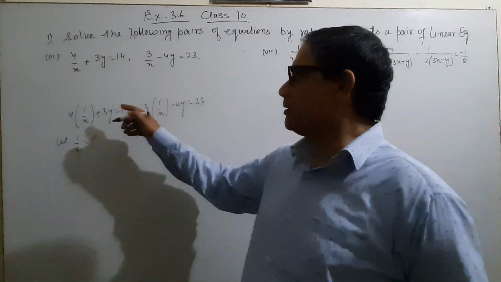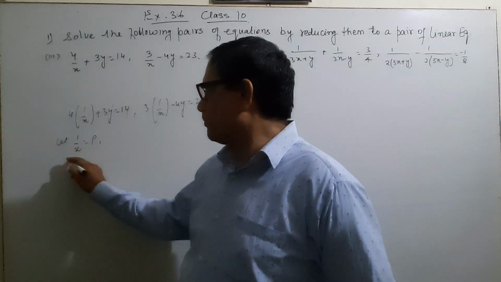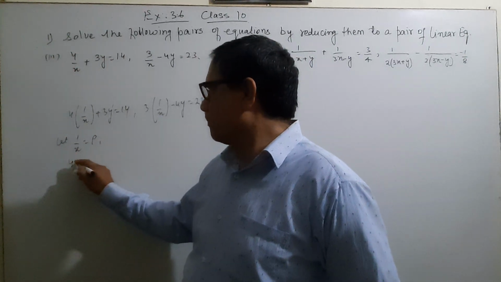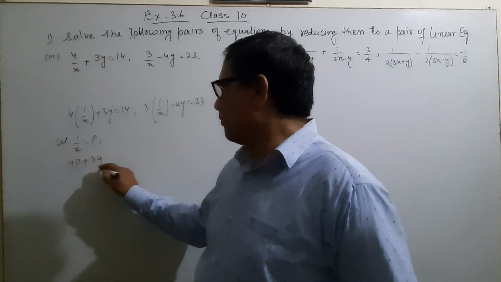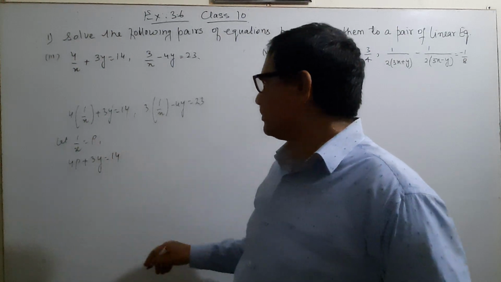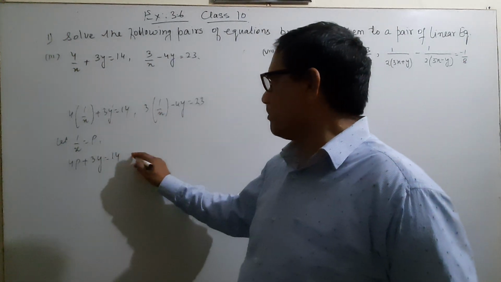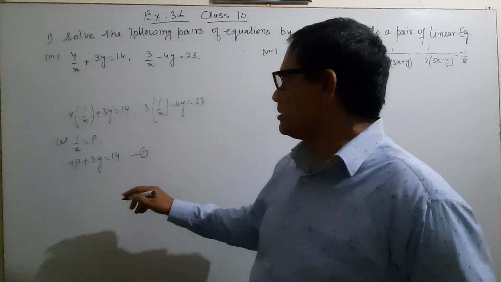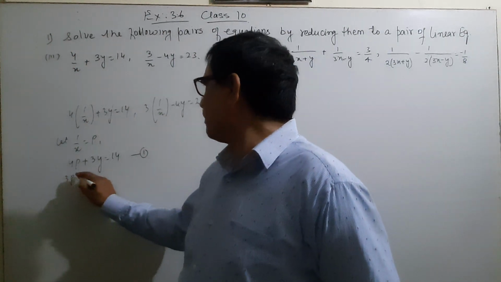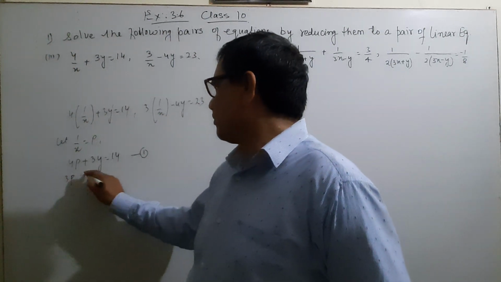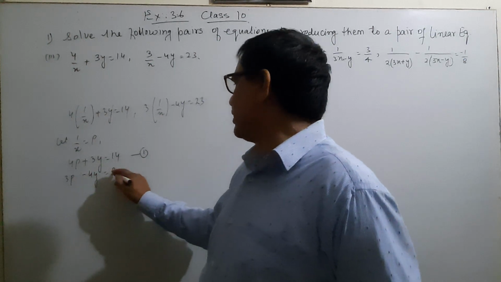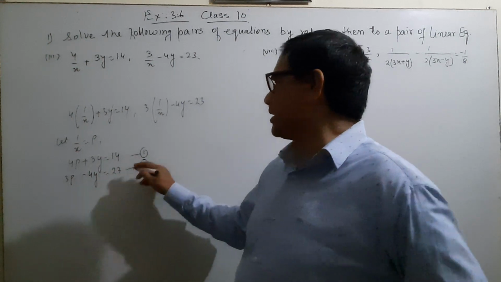And here what will be the answer? 4p plus 3y is equal to 14, this is equation number first, and 3p minus 4y is equal to 23, equation number second.